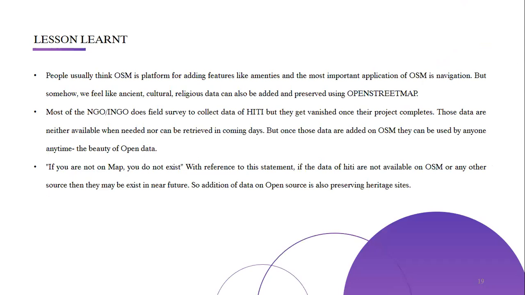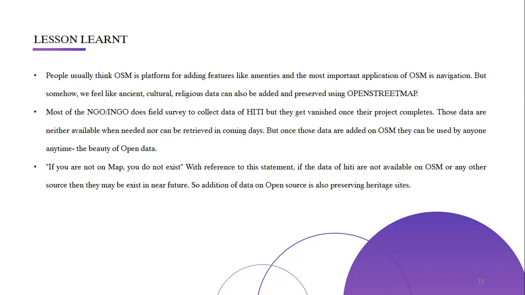So in this project, the major lesson that we have learned is that people usually think that OSM is a platform for adding features like buildings, amenities, rivers, highways, etc. And some also use OSM for navigation. Somehow, we feel that ancient, cultural, religious data can also be added and preserved using OpenStreetMap.